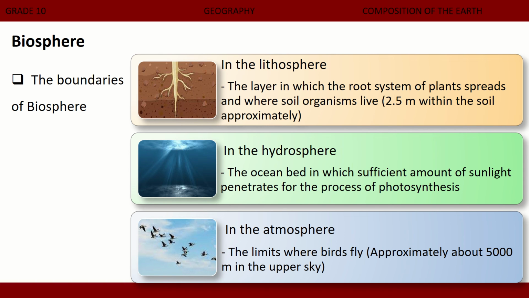We can see the biosphere in the hydrosphere, in the ocean layer where sufficient sunlight penetrates for the process of photosynthesis. The biosphere is visible in the atmosphere up to the limits where birds fly.